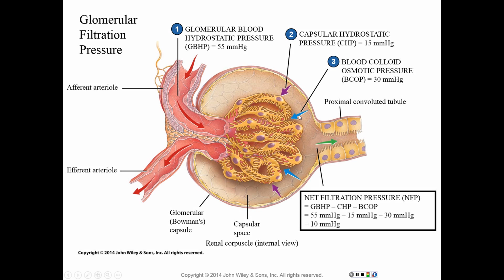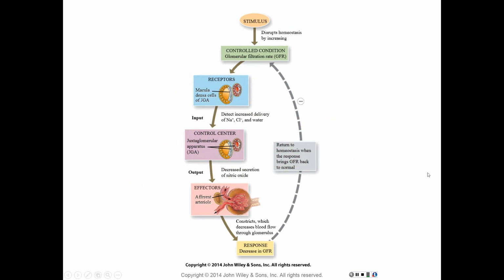So this is the process. These are the values, or the concepts, that you need to know in order to do this equation. This is right out of the book, showing the sequence of steps that go through it: the stimulus, the receptors, and we're going to talk about what this means.